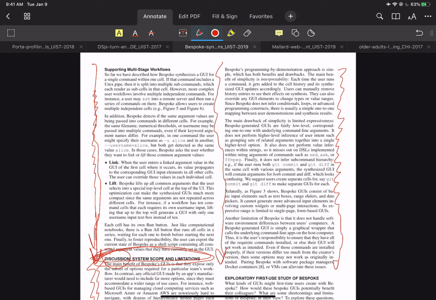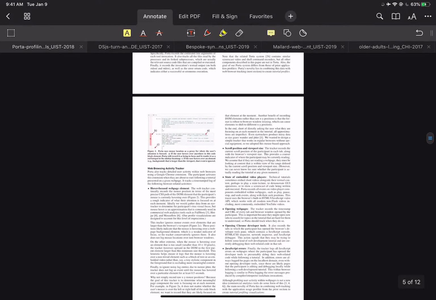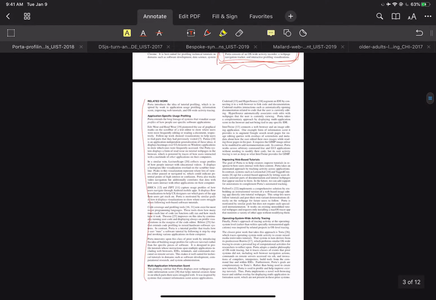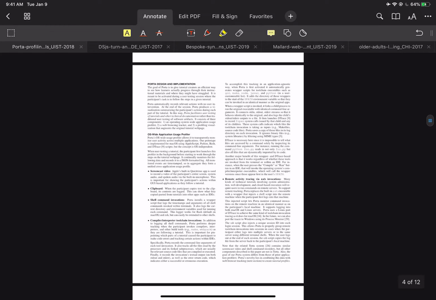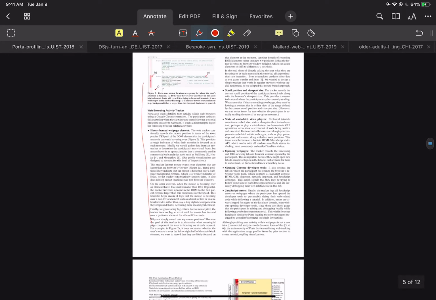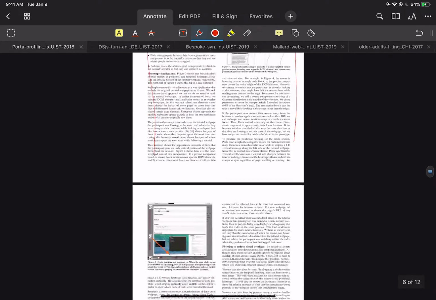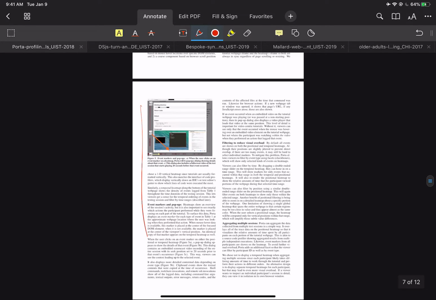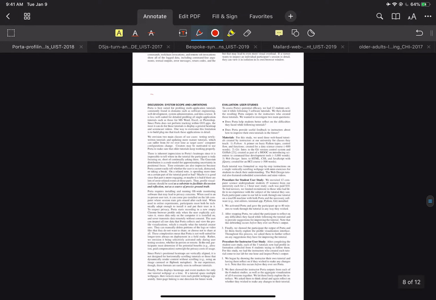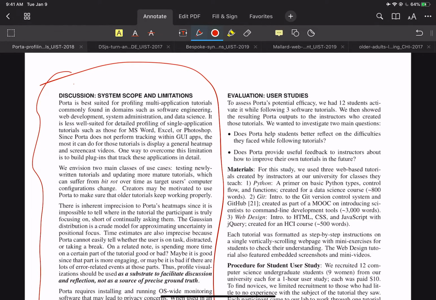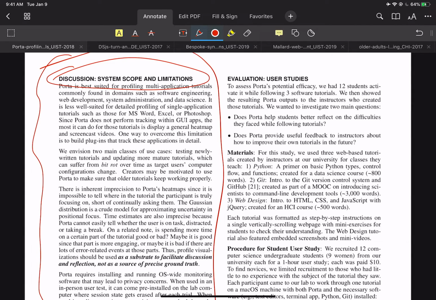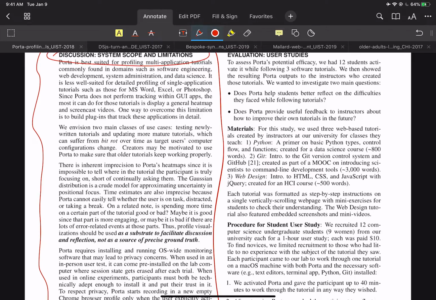So this is Bespoke. This is Porta. Where's the system? Right here. Okay, related work. System is right here, starts on this page. So reviewers reading, they're like, okay, yeah, great. System, and then boom, right here, we're going to hit you with a half page system scope and limitations, where we talk about, okay, here's the limitation of the system, here's what it's well suited for, here's what it's not well suited for.